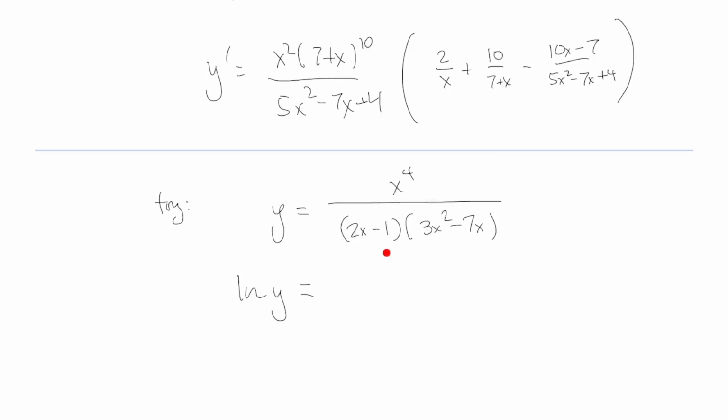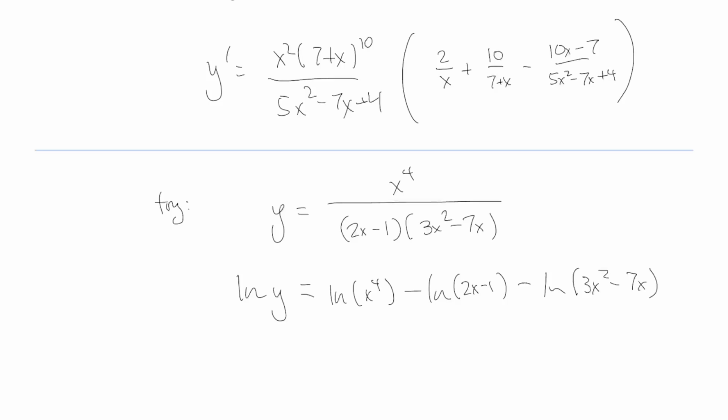But the bottom is a product, so I can also write it as two things added together. Or equivalently, it can be the top minus this and also minus this. So it's going to turn into log of x to the 4 minus log of 2x minus 1 minus log of 3x squared minus 7x. This is how I would start off.